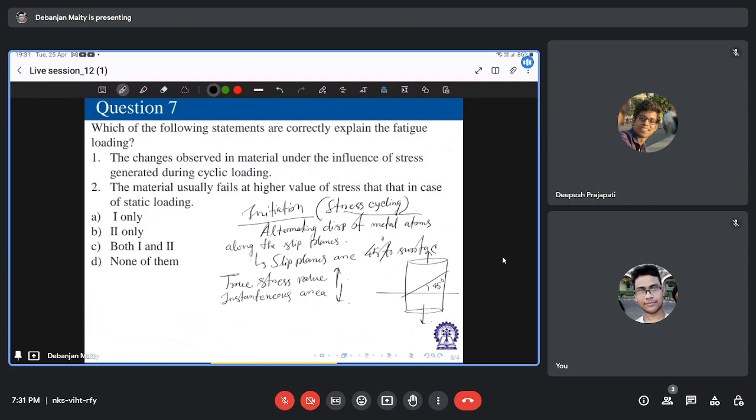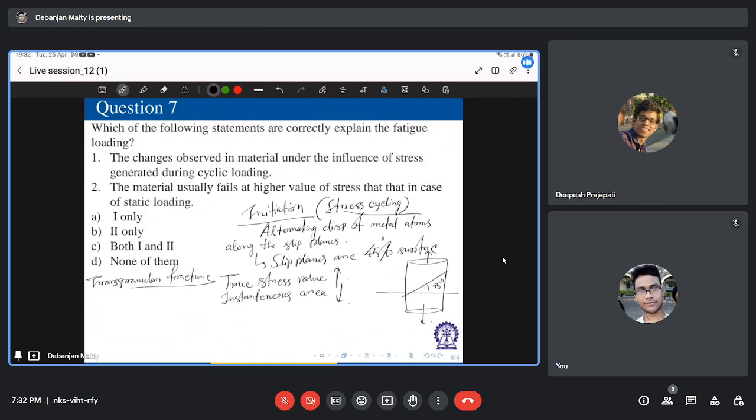And you'll also have some brittle or cleavage type of fracture appearing, right? So what we will see is transgranular in nature. What we mainly see is transgranular fracture.